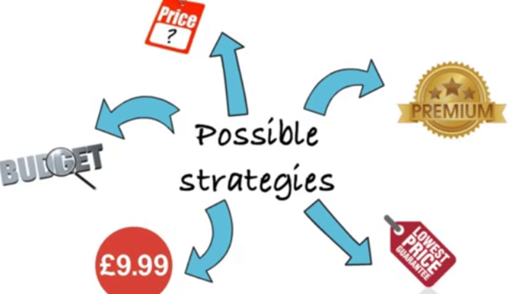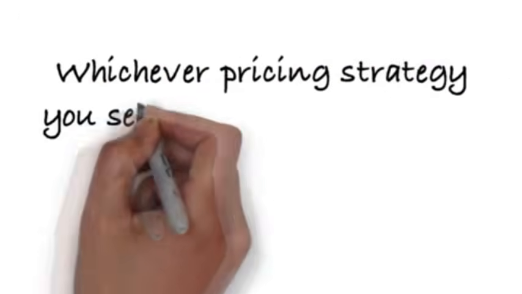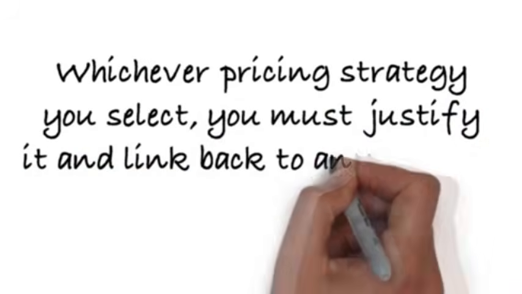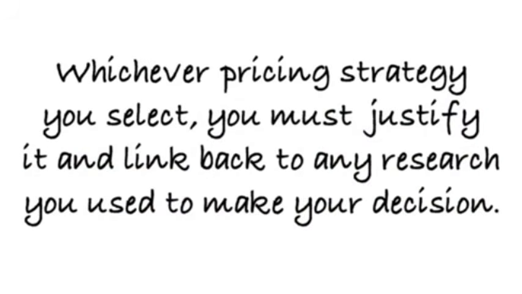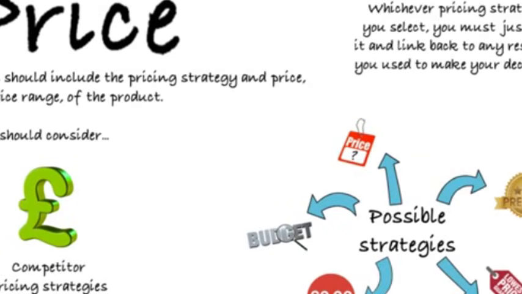For example, to make things seem more affordable to buyers. Whichever pricing strategy you select, it is essential that you clearly justify your pricing decisions by explaining why it is suitable for the product or service, and linking it back to any research such as the pricing of competitor products.